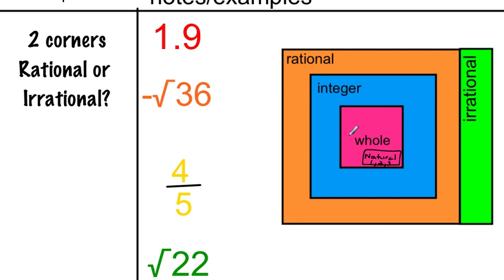Then he learned part of the whole number system when he had 0, 1, 2, 3. What I want you to notice is the repetition, the repeating numbers. 1, 2, and 3 are repeated in the whole block. They were also in the natural block. That means 1, 2, and 3 are both natural and whole.